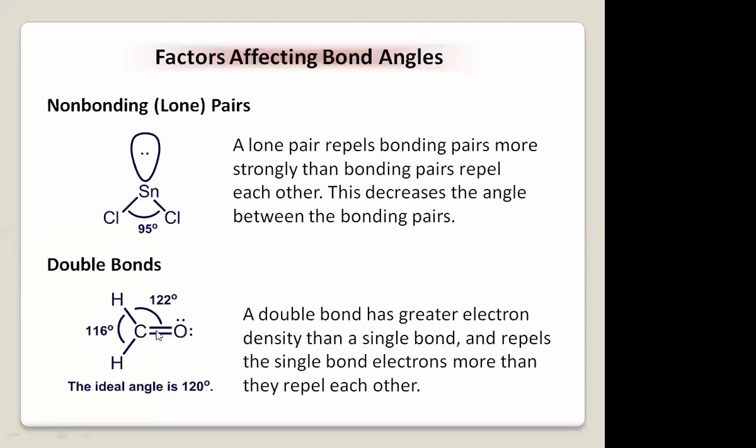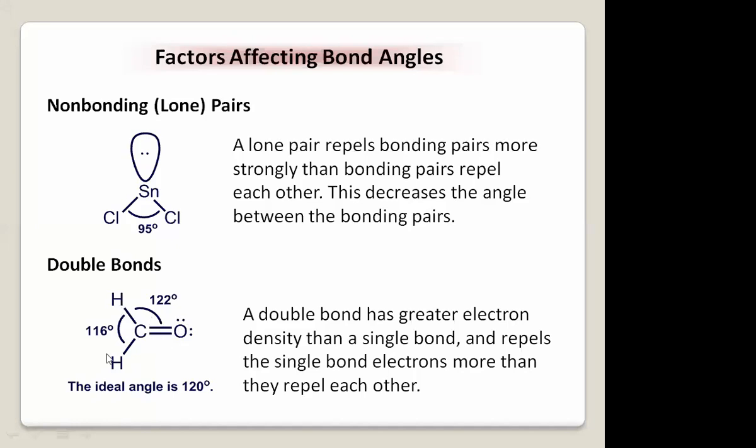When you have a double bond, I said that a double bond also plays a significant role. So when you have a double bond like you have here in this case, the angle is supposed to be 120, 120, 120, because this carbon is an sp2 hybridized orbital and it's supposed to be a trigonal planar structure. The double bond creates a repulsion and it repels this and expands this.